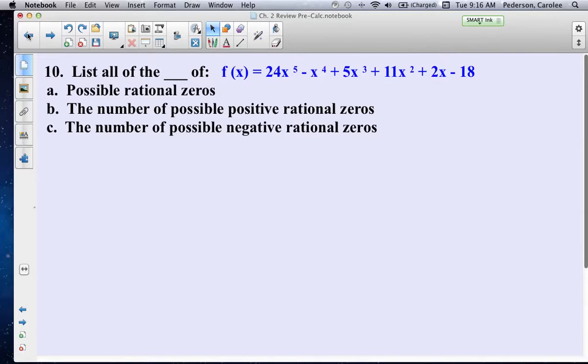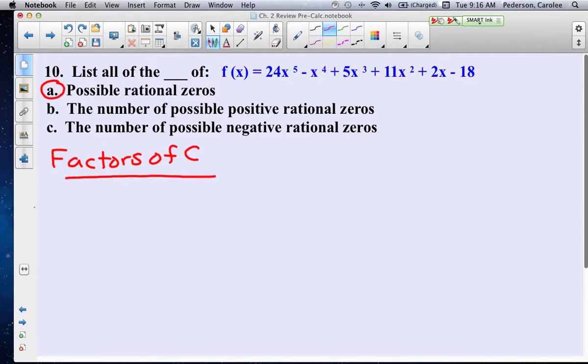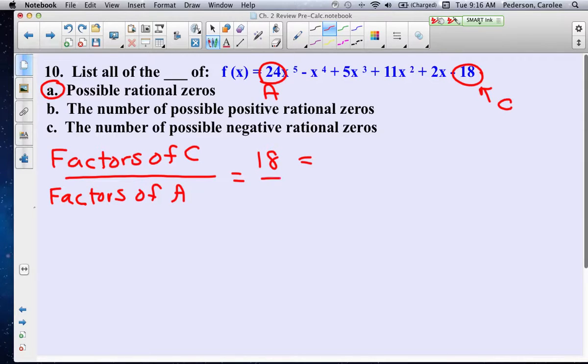To use the rational zero test, you take the factors of your constant over the factors of your leading coefficient. So factors of C over the factors of A. And this is your C, this is your A. So you'd say, what are all the factors of 18? What are all the factors of 24?